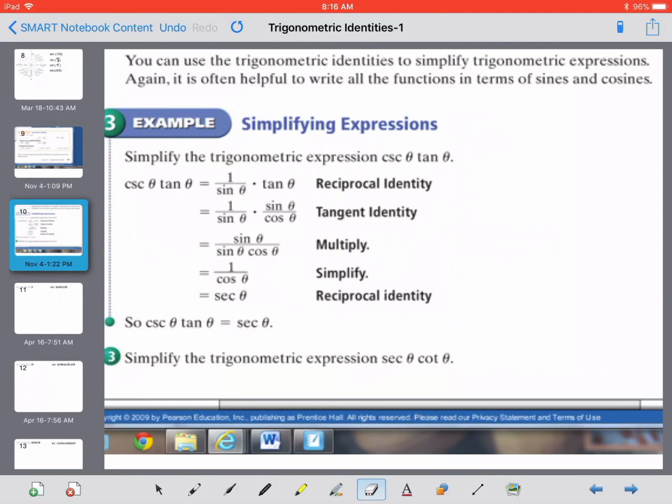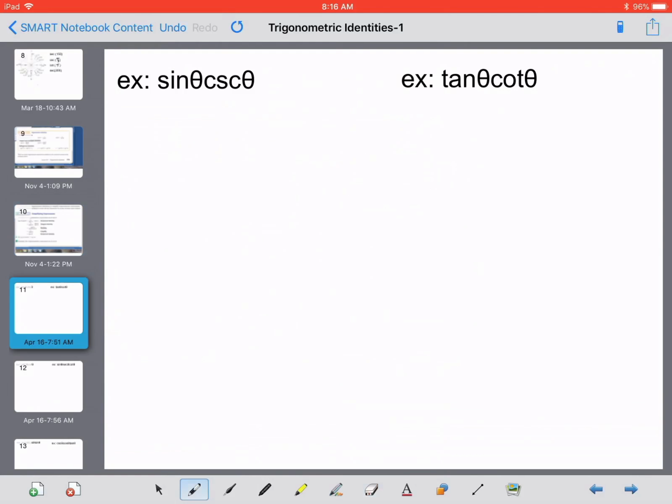So basically, if you have something with 2 trig functions, you want to try to get it down to 1 trig function. I've got several examples here. Sine theta cosecant: sine doesn't change, so that's still sine theta.